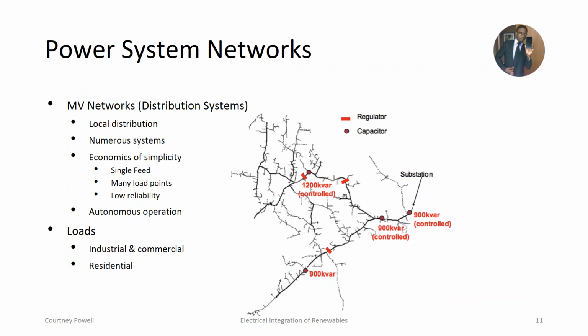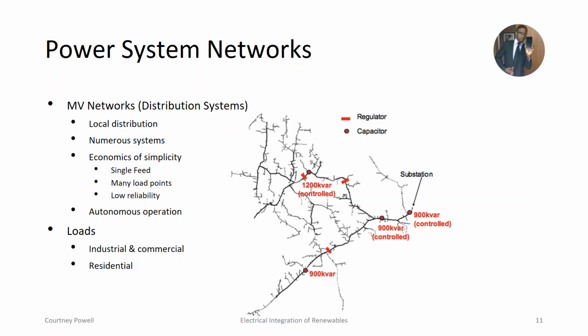The medium voltage network, or the distribution network, is generally a localized network. You generally have multiple or numerous independent systems. Economics of simplicity is the governing rule in that case. They are typically single feed and have many load points and therefore have low reliability.